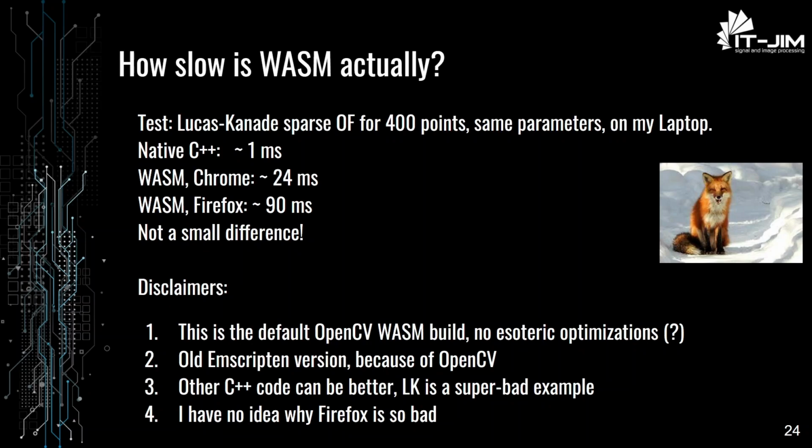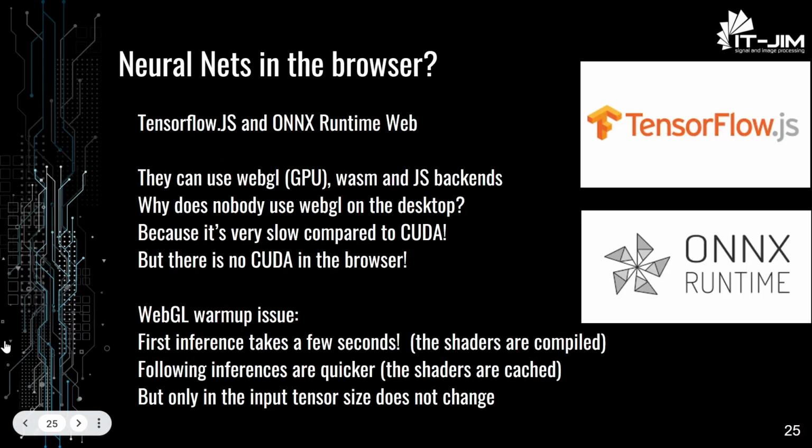Lucas Kanade is maybe an extreme example, but still for WASM it is expected that it's at least 10 times and maybe 20 times slower than the native code. And don't believe advertisements that Emscripten is fast. I don't know why exactly Firefox is bad, but in this particular case, it was bad. Next slide, please.